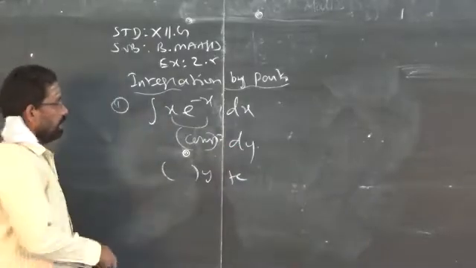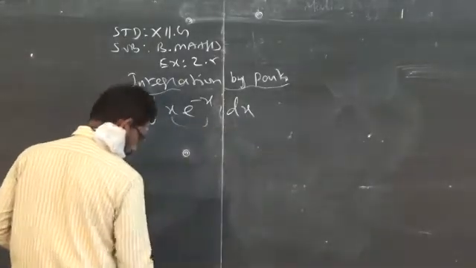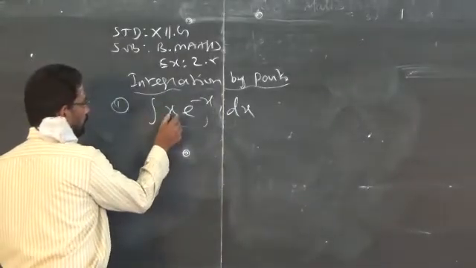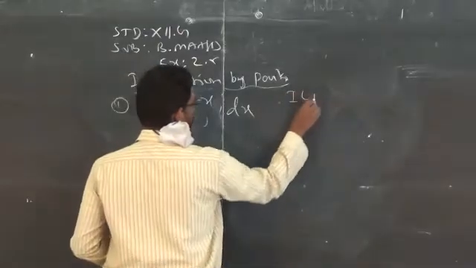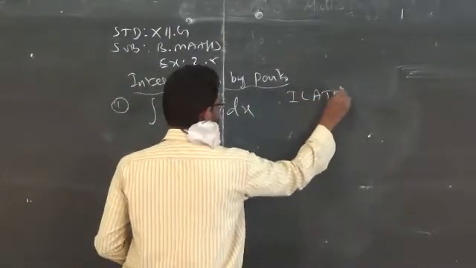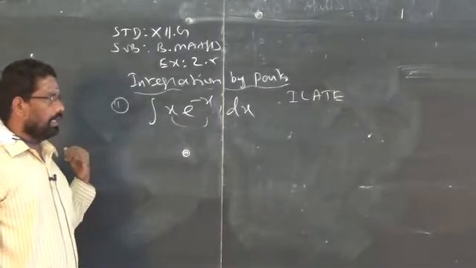But what is given here? It is with respect to x. So, you have to integrate. Now, how many factors do you have? Two factors, x and e power minus x. So, what is the formula? That is ILATE. Either you remember this, or you consider as u the one which does not have a direct integration formula.